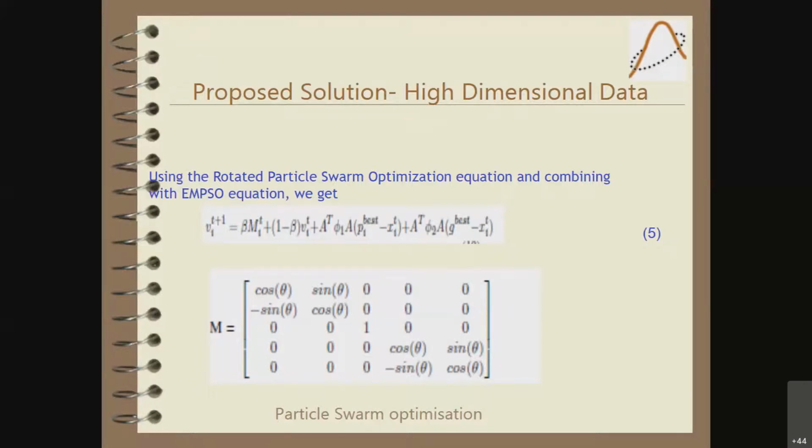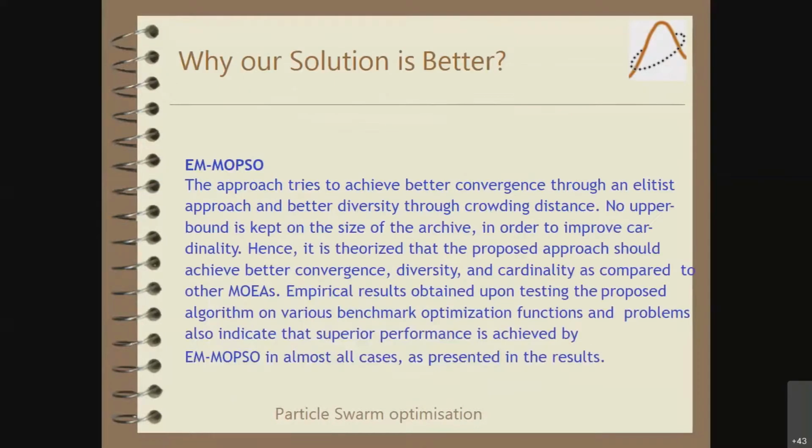So we use some matrix projections and some rotation, and we use this particular rotation matrix so that it could actually move in multiple dimensions and search the space more efficiently. What happened was with this, our classification accuracy as well as our approximation accuracy in objective functions has also improved drastically.